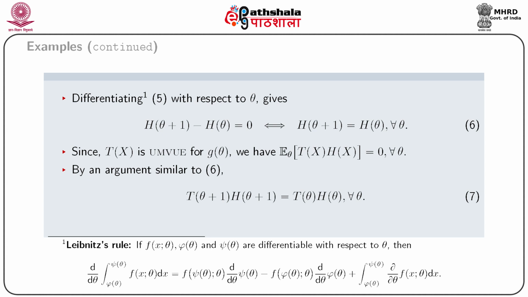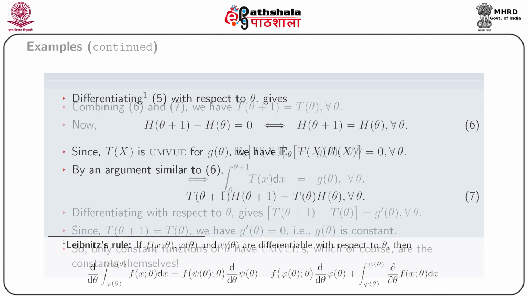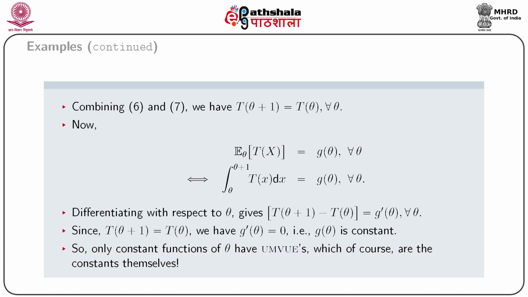Therefore, expectation of h times T is equal to 0 for all theta. By a similar argument as before, we get h(theta + 1)T(theta + 1) = h(theta)T(theta) for all theta. We write this as equation 2. Comparing 1 and 2, we get T(theta + 1) = T(theta) for all theta.